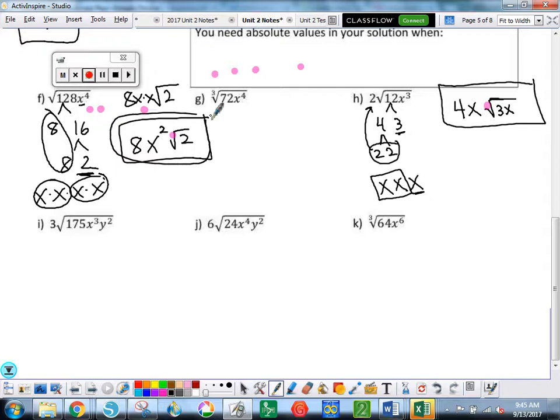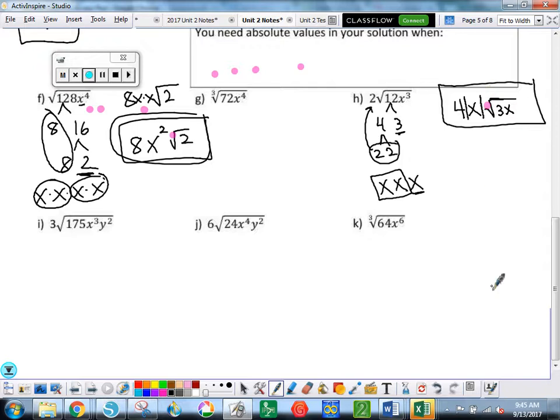This one's done. But right here, will x always be positive? If you plugged in a -2, is this positive now? Is -2 positive? No. So we need to do something to the x to make sure it stays positive, and those are called absolute values.